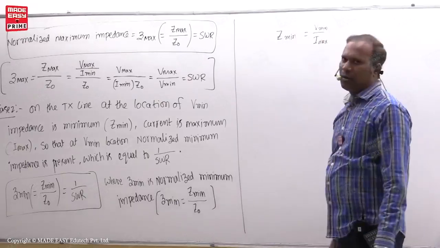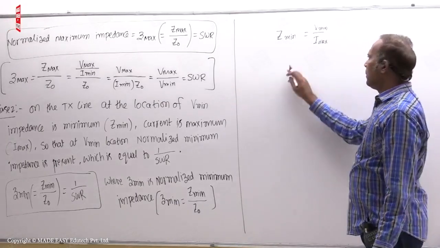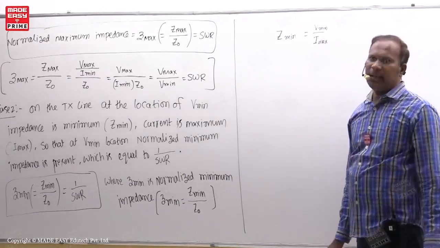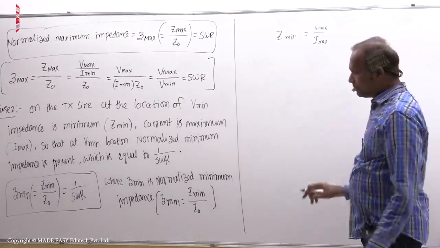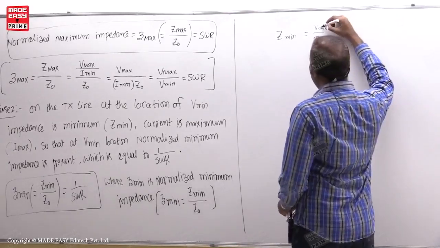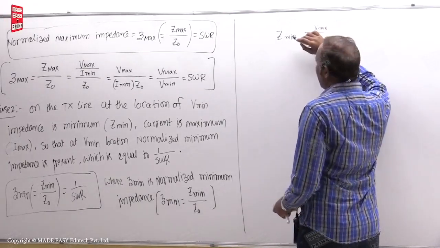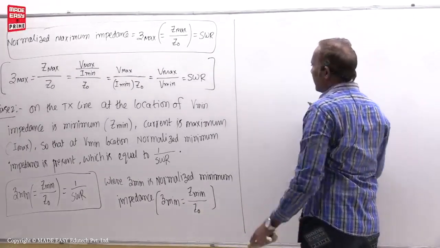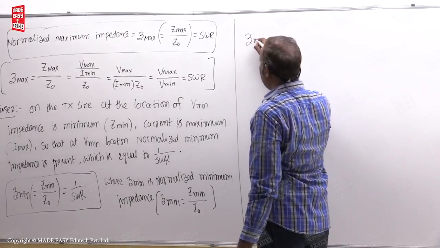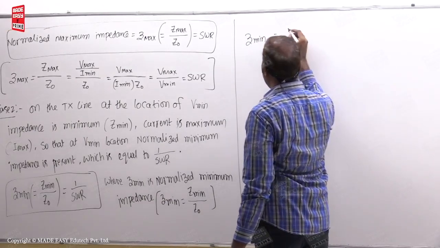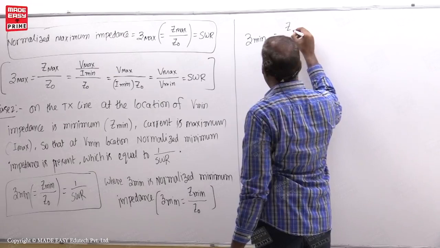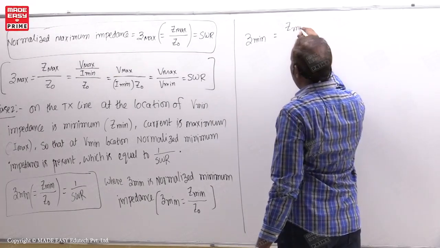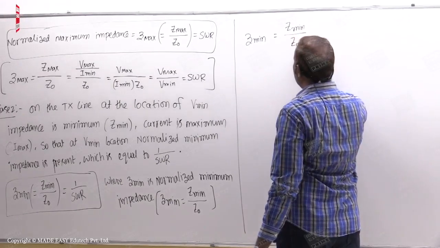That is the definition of minimum impedance: voltage minimum divided by current maximum. That is why at the location of voltage minimum, current maximum is there and impedance minimum is present. So now let us write that small z minimum, the normalized minimum impedance, is equal to minimum impedance divided by Z naught.